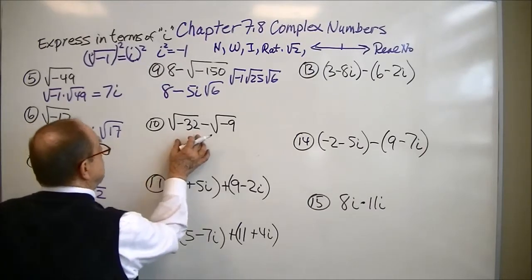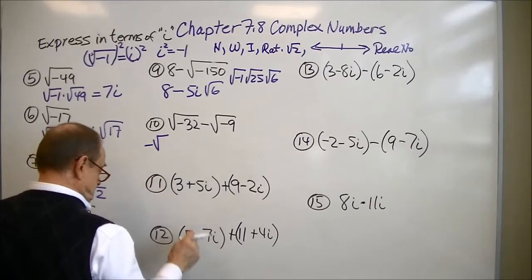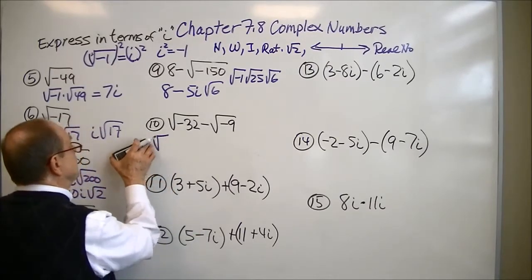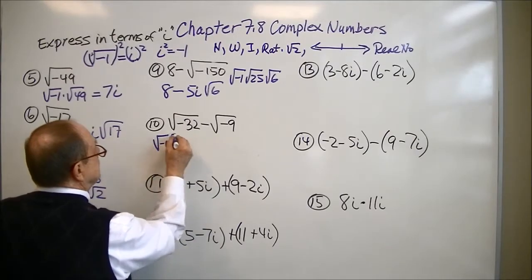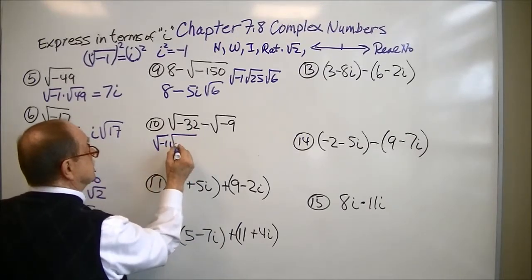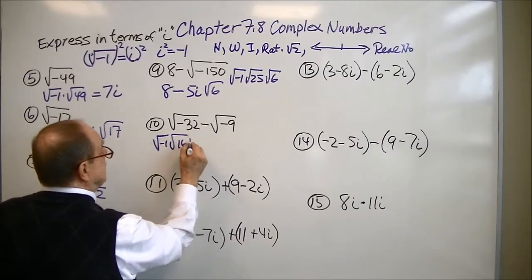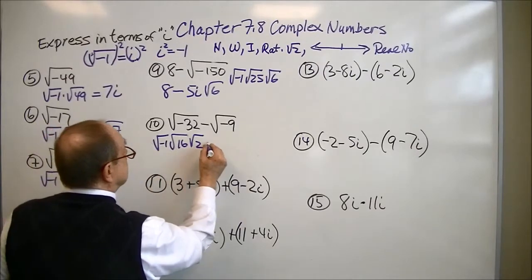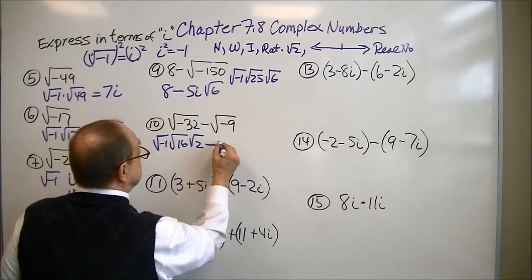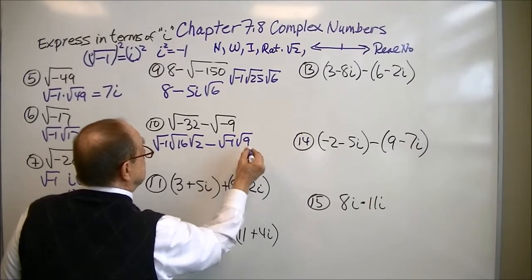Okay, for this one, we notice we have the square root of, let me take away that negative sign there, -1. Then you have the square root of 32, which is the square root of 16 times the square root of 2 for this one. And this is going to be a negative, and this is going to be the square root of -1, the square root of 9.